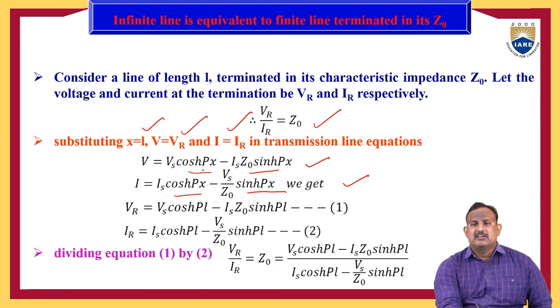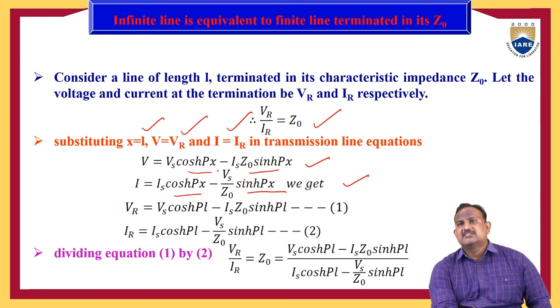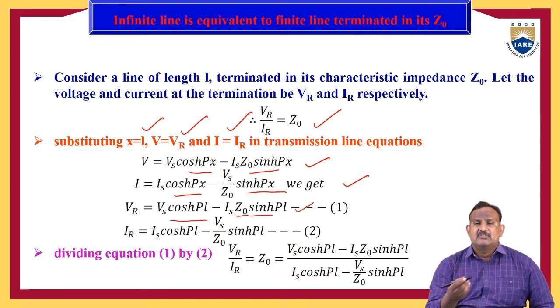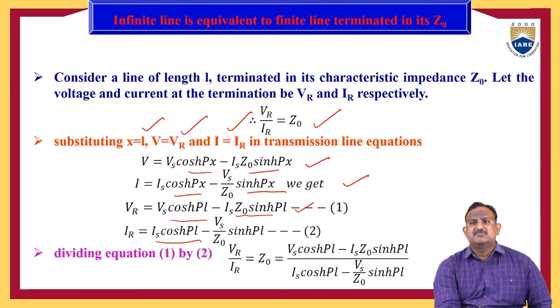Therefore, the transmission line voltage equation becomes VR equal to Vs cos hPL minus Is Z0 sin hPL. Similarly, the current transmission line equation becomes IR is equal to Is cos hPL minus Vs by Z0 into sin hPL.